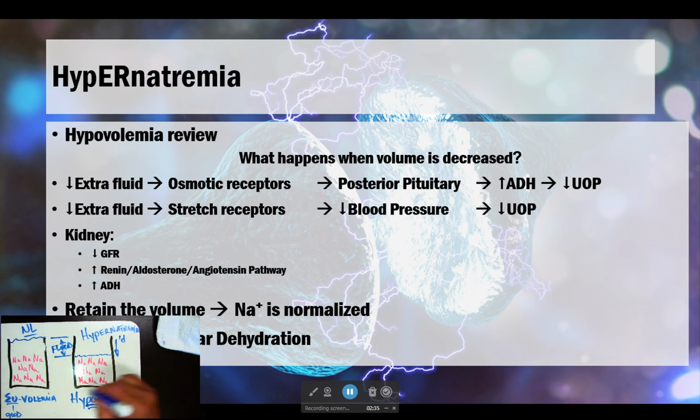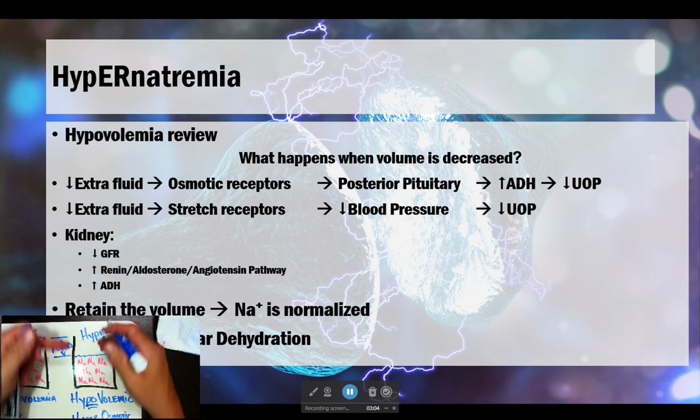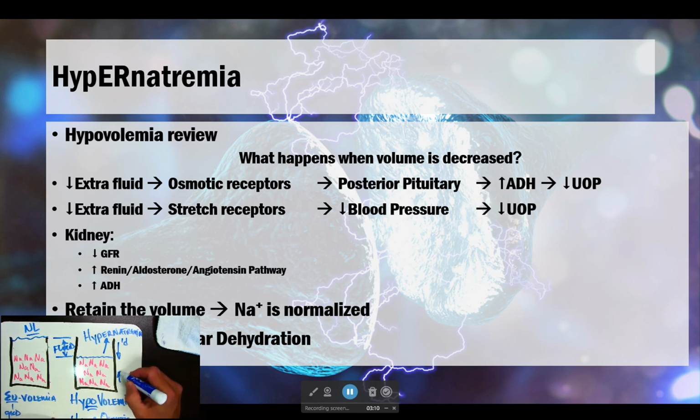The sodium, while it is the same amount of sodium, when you sample it, when you take this out, there's more sodium in proportion to the fluid that's in this container. So it's hypovolemic and it's hyperosmotic. They're more concentrated. There's less fluid. It has an increased osmolarity. Right?